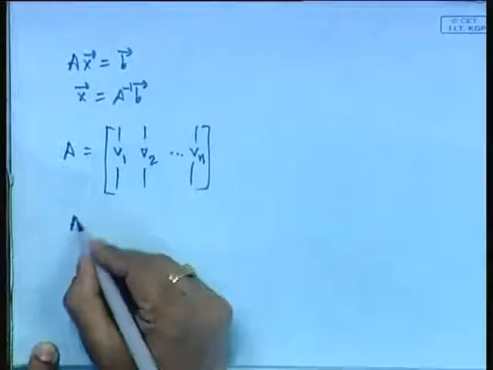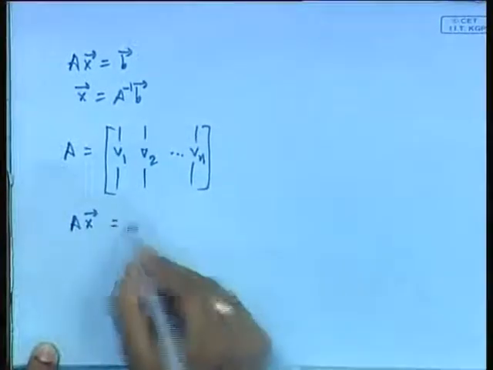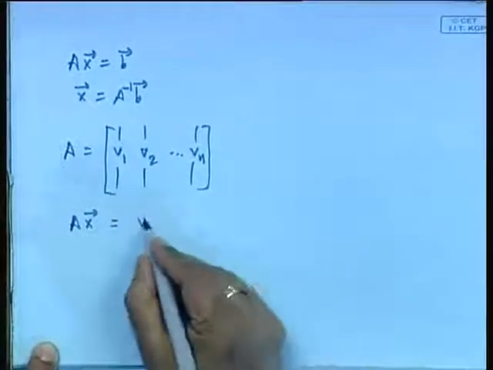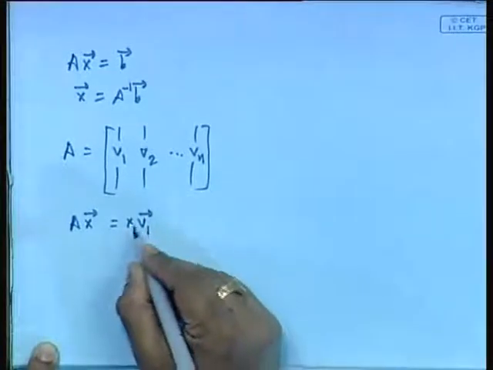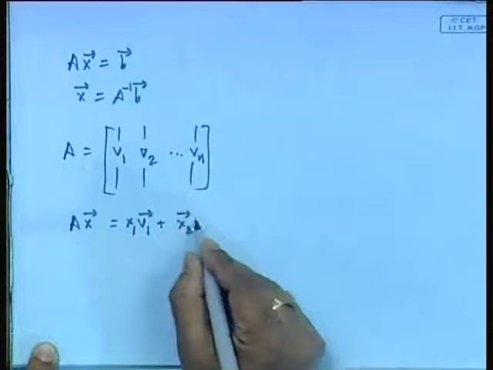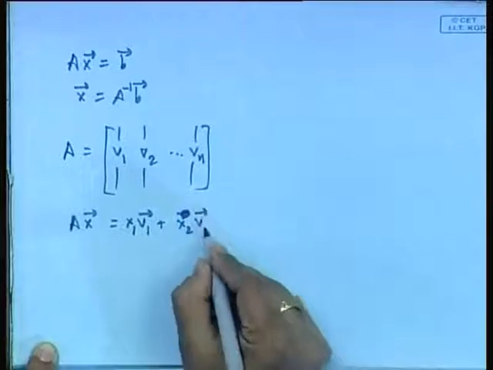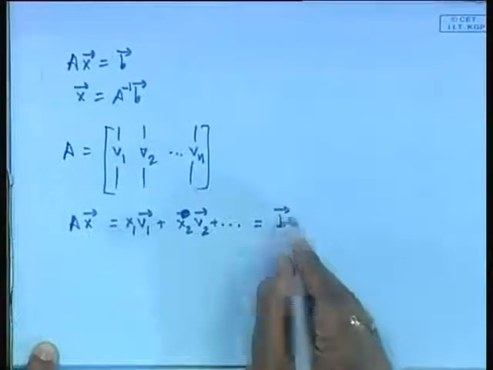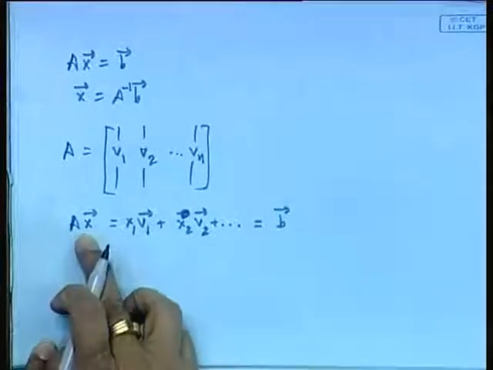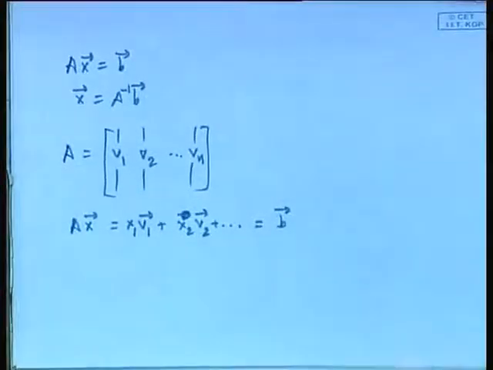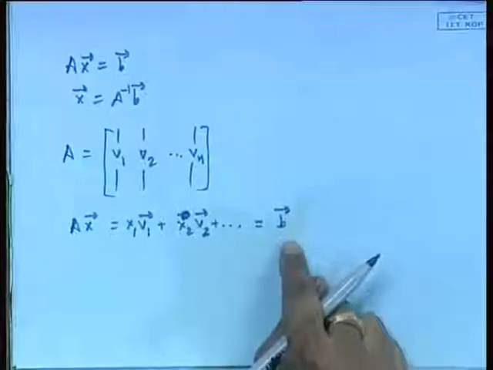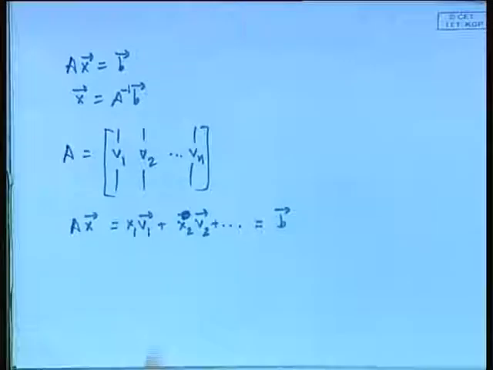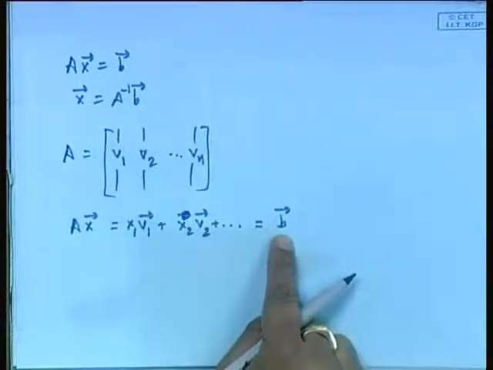And when you do Ax, where x is x1, x2, x3, basically you are multiplying v1 with x1, v2 with x2 and so on, and this is giving you another vector. So x is a sort of weight vector, you are multiplying each of these vectors with these values to get the final vector b. So what combination of these vectors gives you b? This is the question.